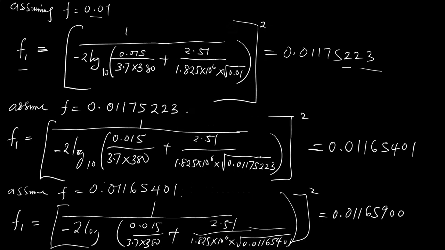So we look at it approximately. Now they are closer now, closely equal. So it now implies that f is equal to 0.0117. So this is the answer.